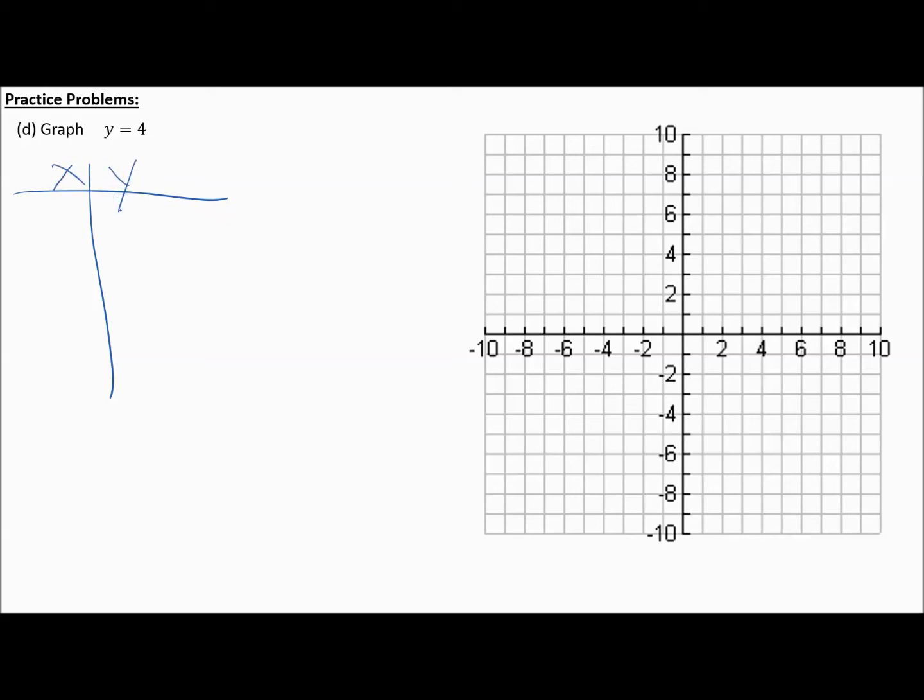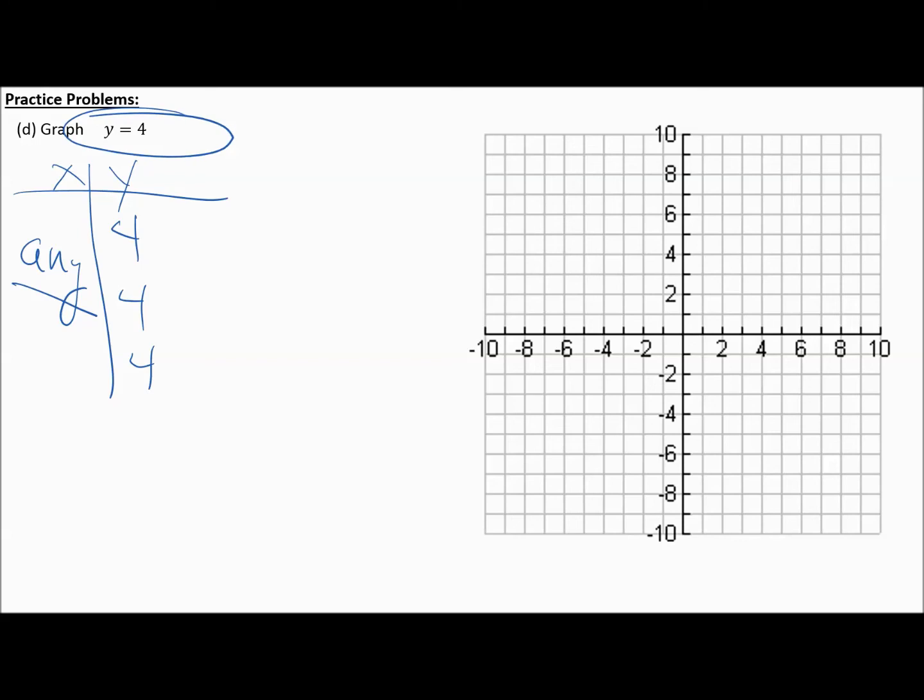Now, you're supposed to be able to pick one side and solve to get the other side. Well, there's no x's at all. Which really means it seems like you couldn't pick for x, but x can be anything you want, anything, because there's no x at all. But what's y? 4. Every single time it tells you right there y is equal to 4.